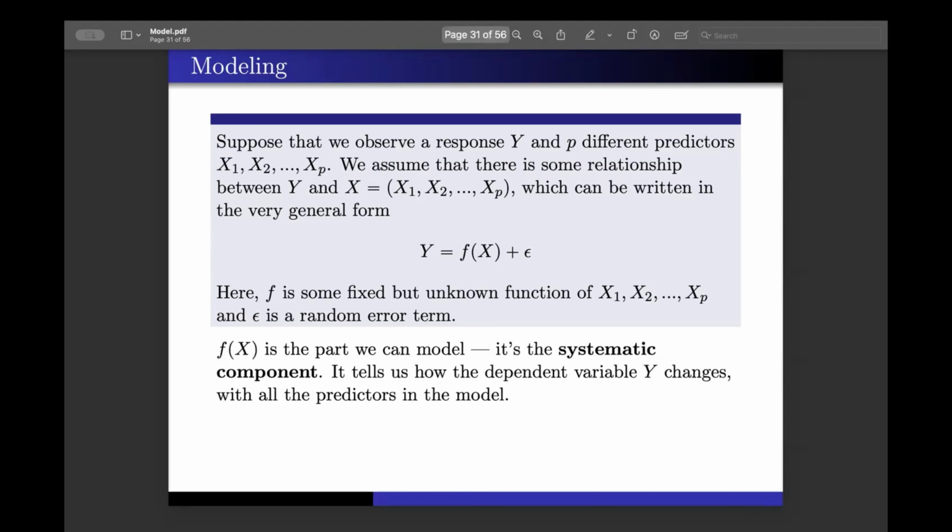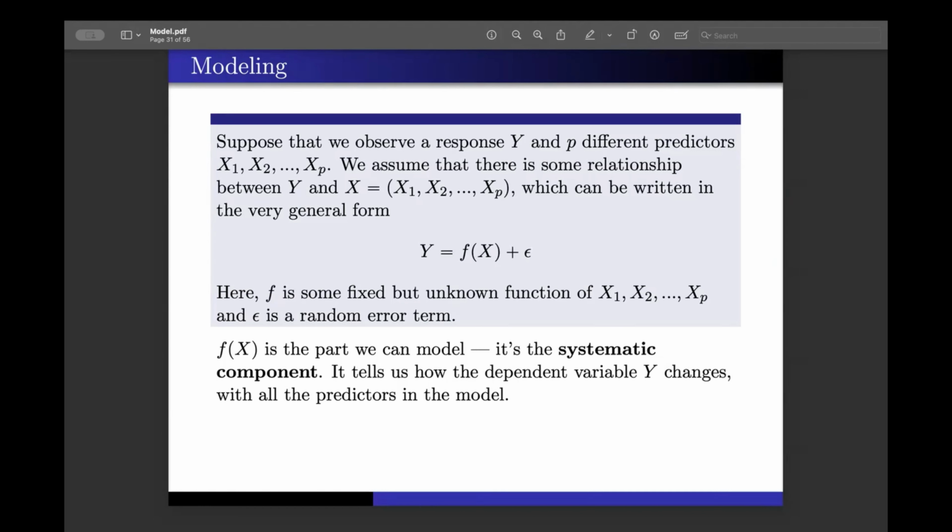So here, if we look at this equation, y equals f of x plus e, we have two components. We have one part, f of x, and we have the second part, the error term e. The first part, f of x: y is dependent on all the predictors, all the independent variables. Y is a function of x. This function of x is called the systematic component.